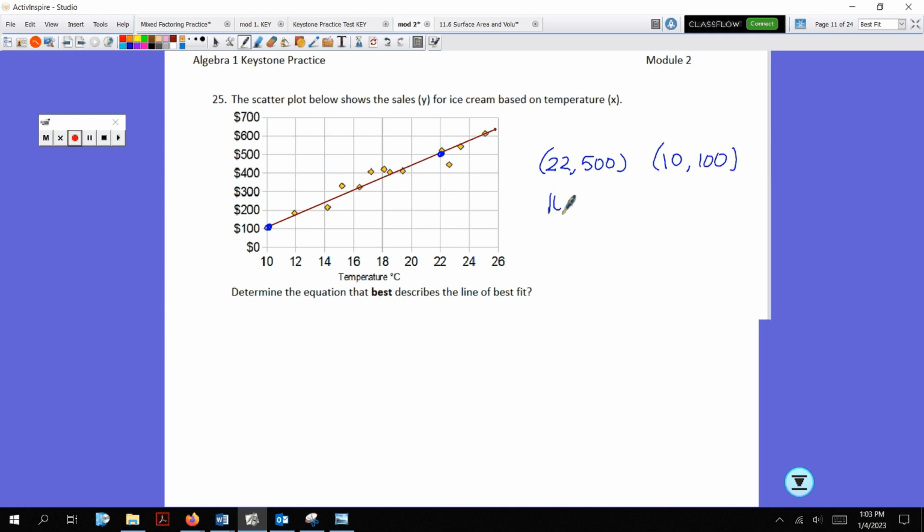All right, so 100 minus 500 over 10 minus 22 gives me negative 400 over negative 12. And if I get my fancy little device out, I actually didn't do this one on the paper, negative 400 divided by negative 12.